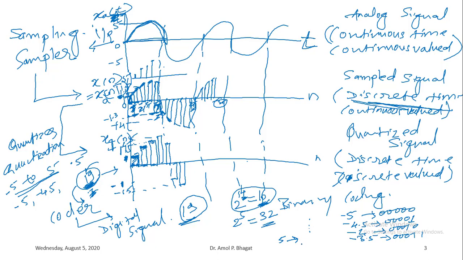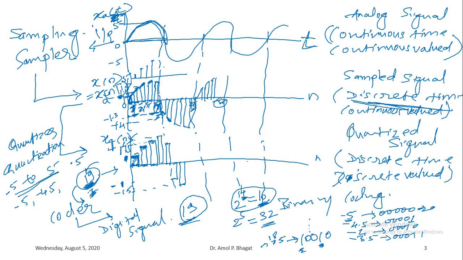It will be simply 1 0 0 1 0. Okay, that is 16 plus 2, that is 18. So a total of 19 values are there, starting from 0. Okay, 0 to 18, a total of 19 values are represented.